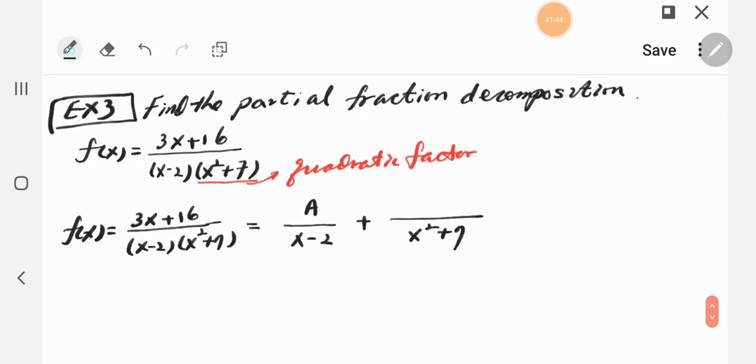The denominator of the second fraction is quadratic, so the numerator should be 1 degree less, which is linear, so it will be bx plus c.